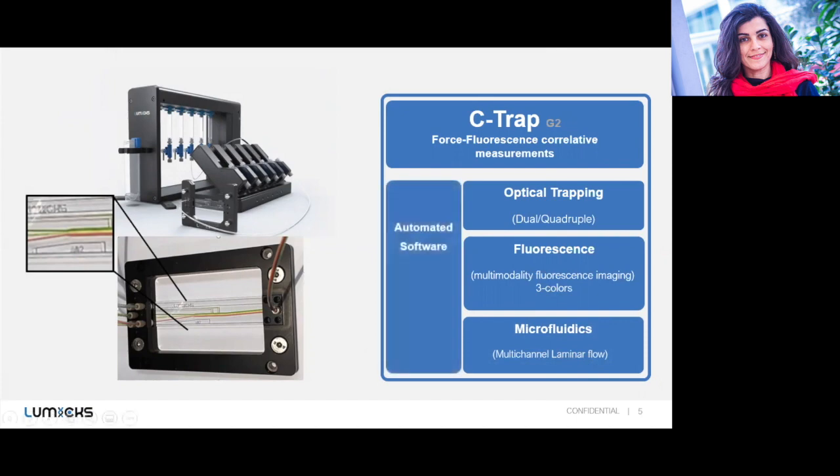C-Trap also has automated software which is super user-friendly, and it makes running different components of this system very easy.